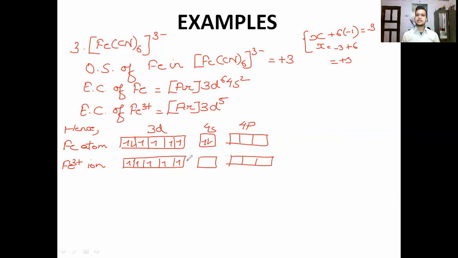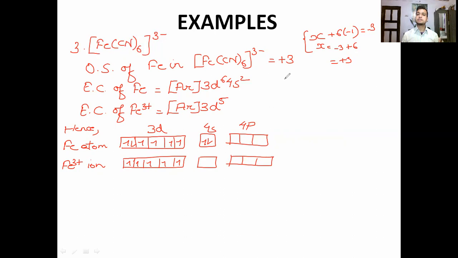Now, let me give you slight information about this. Once we come to crystal field theory, in our next video, I'll try to explain everything about crystal field theory and why it is happening. For now, just to understand this particular topic, always remember that ligands are classified into two classes: strong field ligands and weak field ligands.